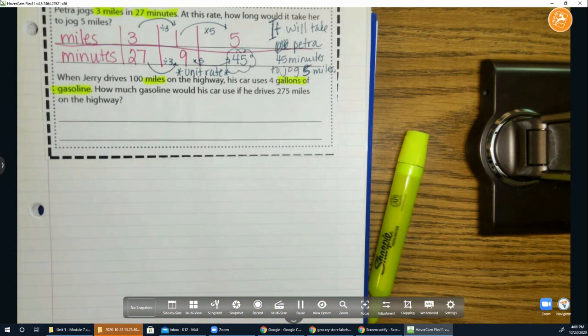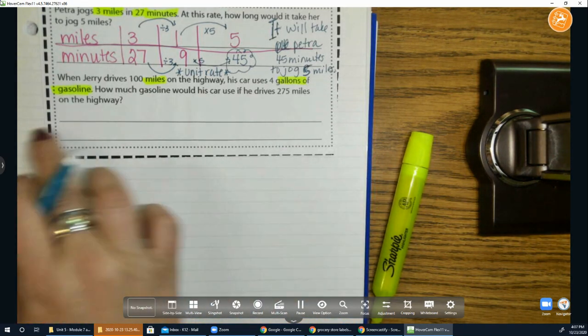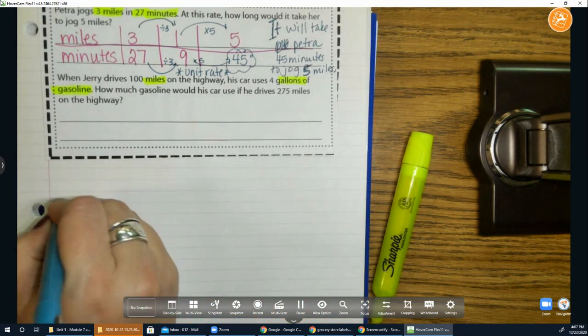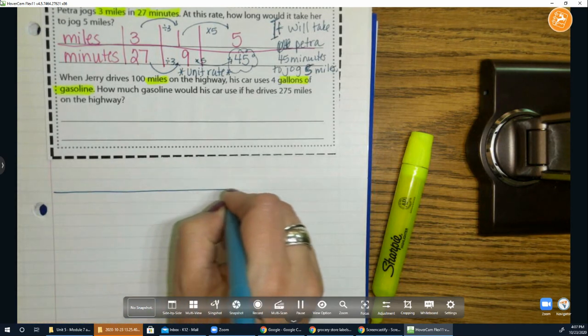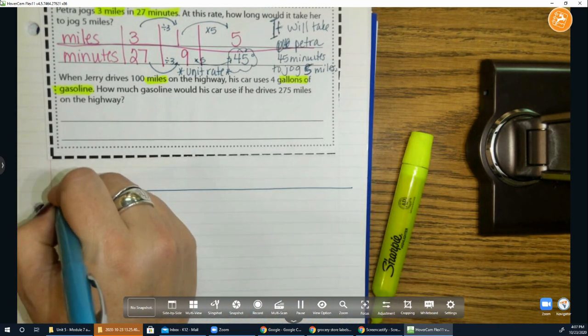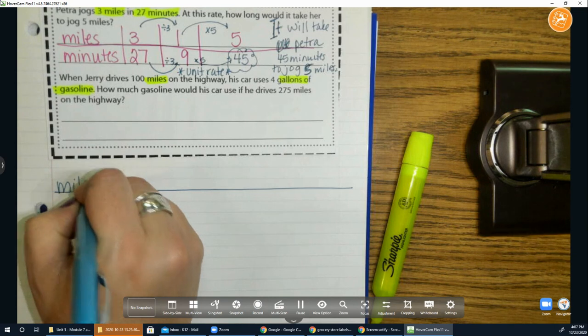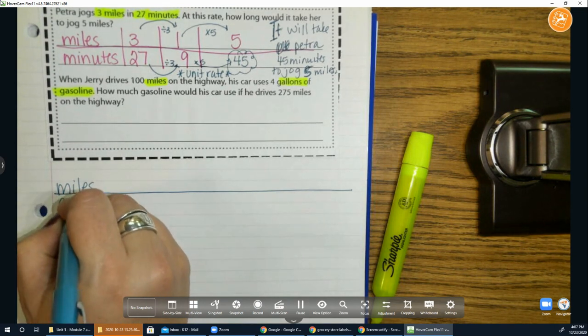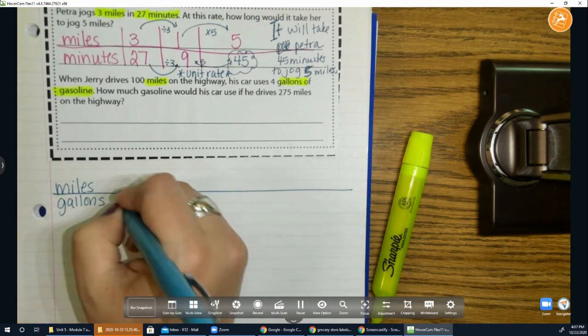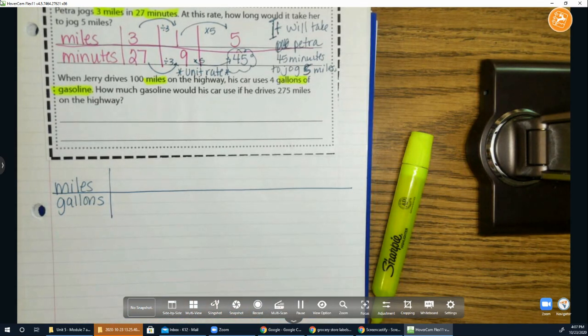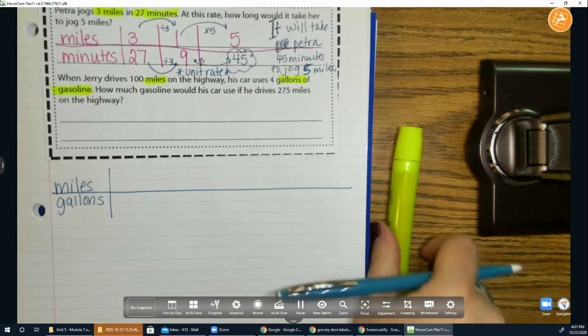So instead of doing it here, I'm going to just write it down here. So I have Jerry's chart, and I'm comparing miles, and I'm comparing gallons. So miles is going to be on the top, and gallons is going to be on the bottom. So what do I know about miles? I'm going to come back here to my question.